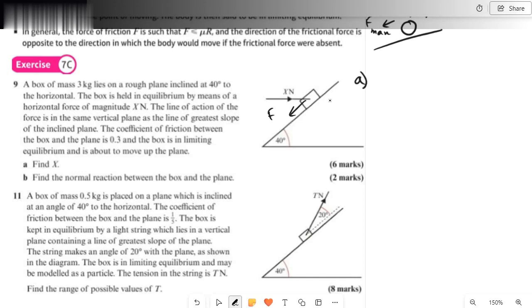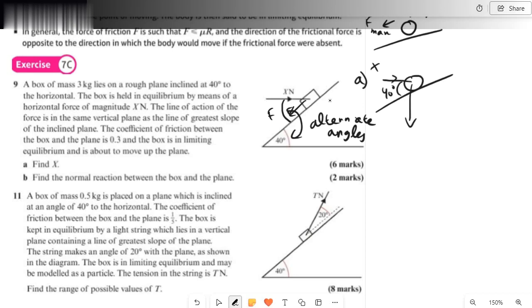So first let's draw the diagram. Here we have x newtons at an angle of 40 degrees, because this should be 40 as well, as this and this are alternate angles. So this is x.